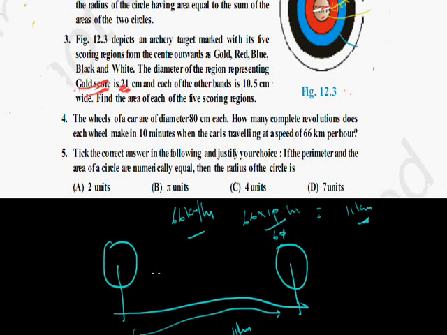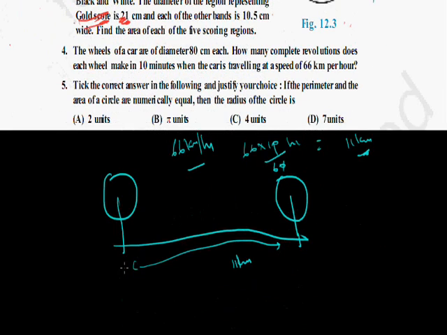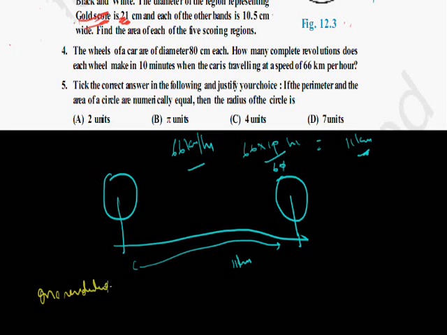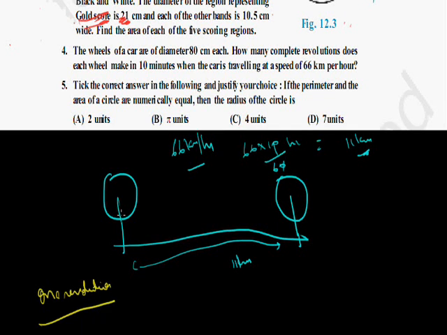Now let's calculate how many kilometers or meters or centimeters it covers in one revolution. Let's say this circle moves, and let this be the point.